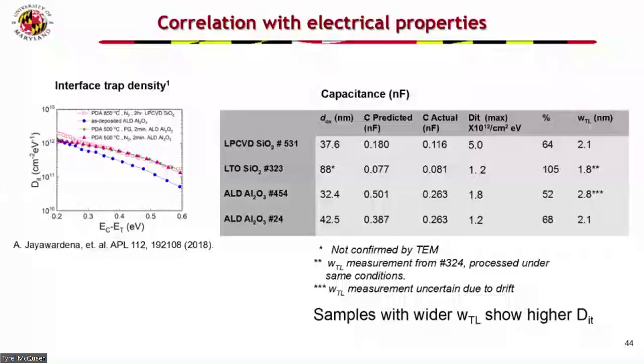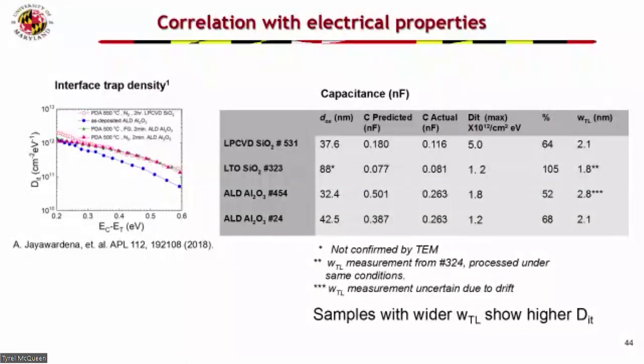Thank you. So this is basically the correlation to the electrical properties. This is the density of interface traps, and it decreases with increasing EC minus ET. So we can see that it's higher for the samples that had the silicon dioxide, and it's smaller for the samples that had the ALD, atomic layer deposition of aluminum oxide.